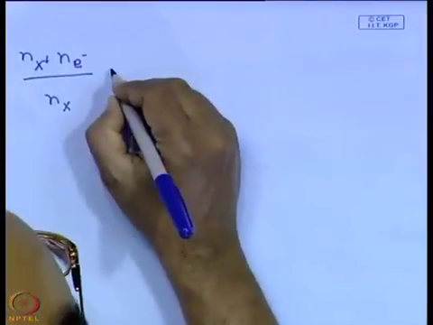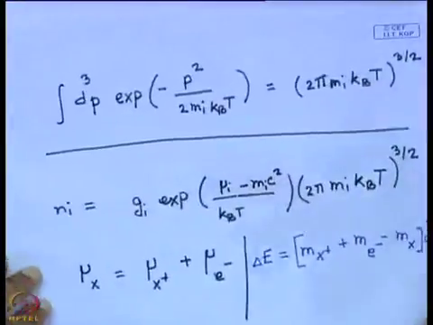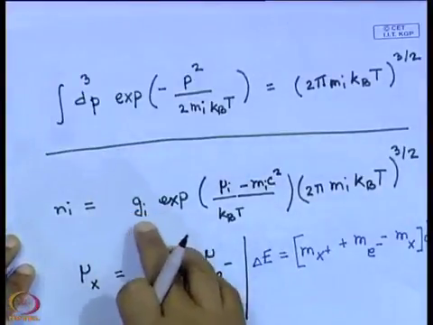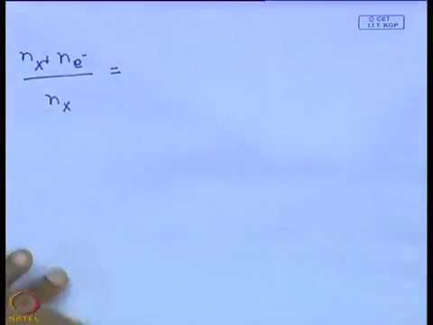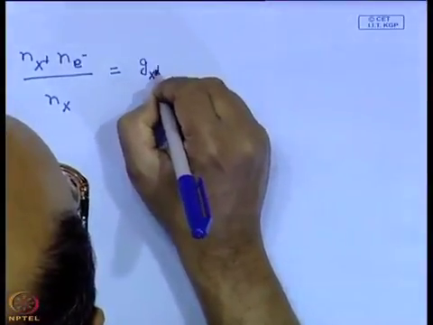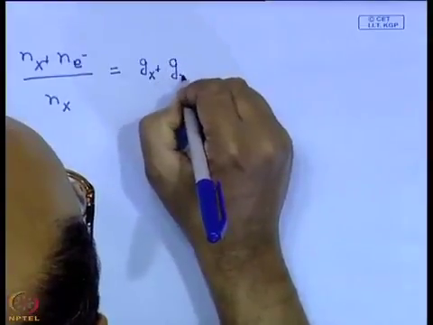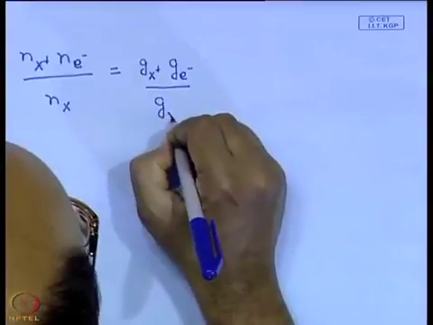Okay. So, let us consider this. When we consider this ratio, we will have one factor which is the ratio of the corresponding degeneracy factors. So, we will have g_x plus g_electron by g_x.